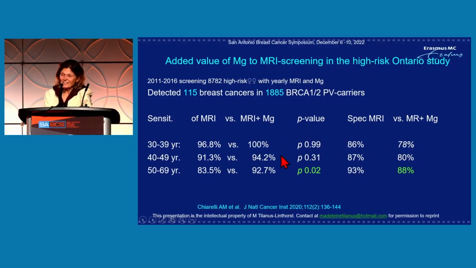And again, the same was seen in the age 40 to 50 group. There was a 3% increase, but that did not reach significance, and there was a clear decrease in specificity. However, above age 50, there was a significant increase of nearly 10%, and a decrease in specificity to, for this age group, an acceptable 88%.